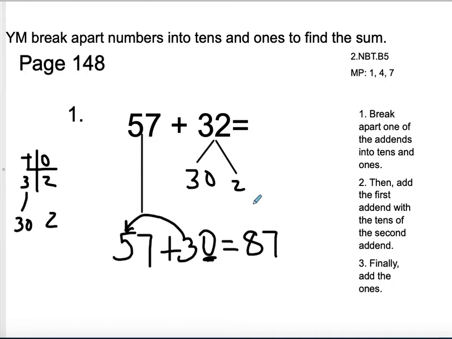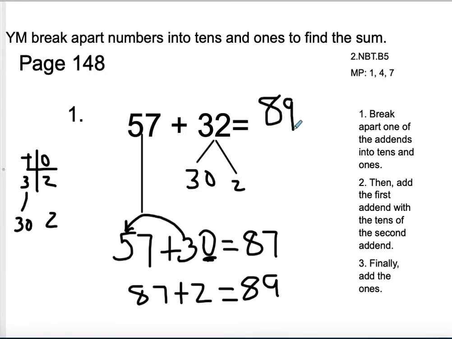Now I have to add the ones. 87 plus 2 equals 89. So once again, I'm breaking apart one of the addends into tens and ones. Then I'm adding the first addend with the tens, and then I'm going to add the ones.